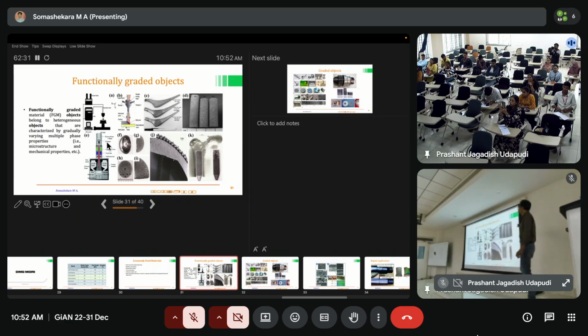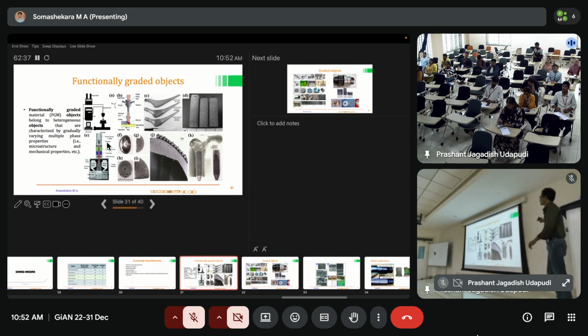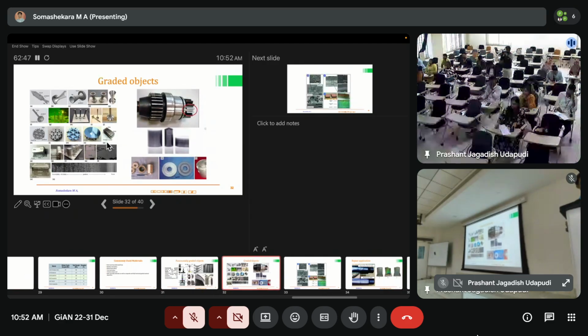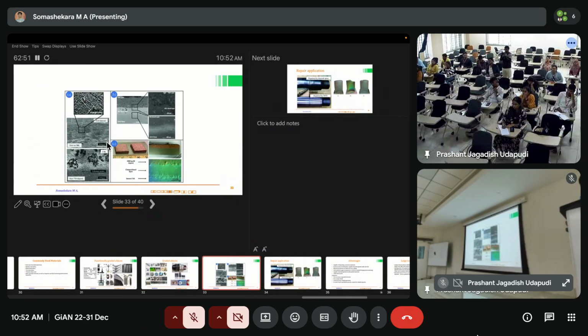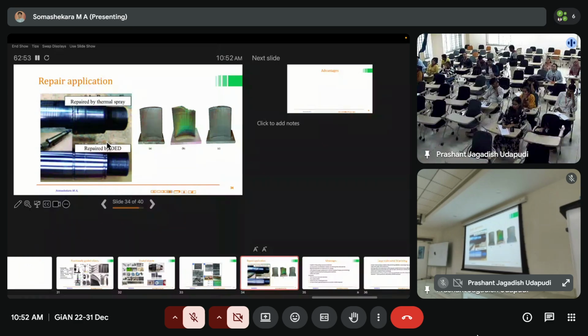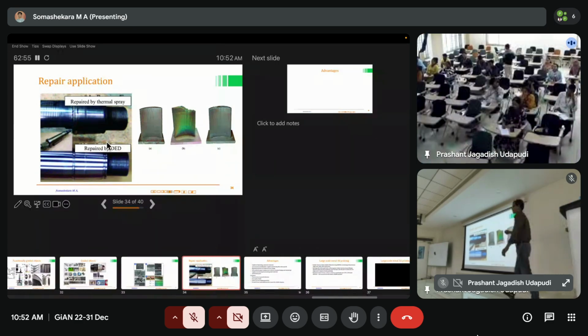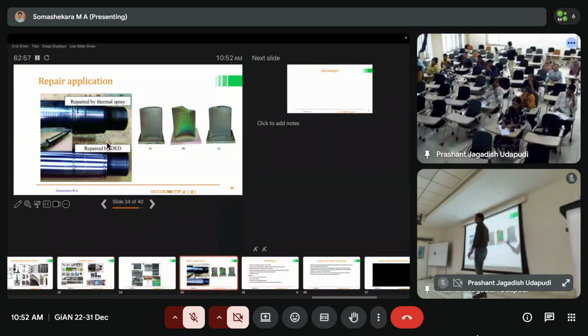These are some of the gradient structures that are easy with this technology, which is not easy with powder bed fusion, because varying the powder or the composition there is difficult. But here it is easy, and there are some more components that you will find. Again, as I said, these technologies are also good for repair, not just deposition.